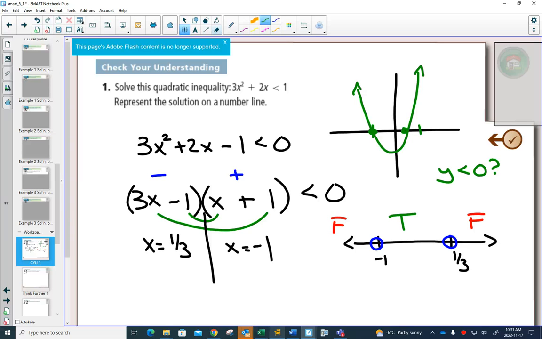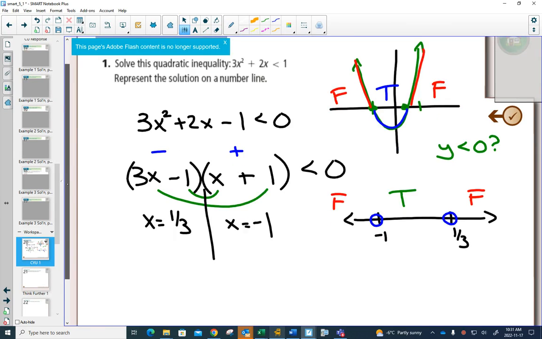Can you see that this section is true? But in these sections, it's false. So that is why I say the graph is quicker than the test points. But I want you to do the test points because that's going to help you in calculus later. Use the graph as the way to check your test points, if you were right or if you were wrong.